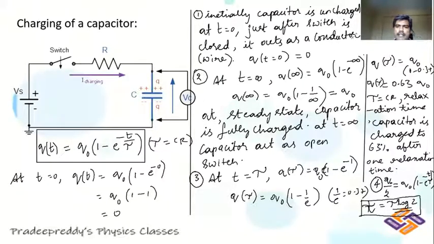So at steady state, no current flows in the circuit, whereas at the initial state, that is just when the switch is closed, the current in the circuit will be maximum throughout this CR series circuit.